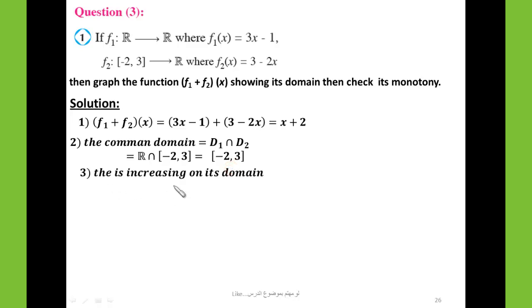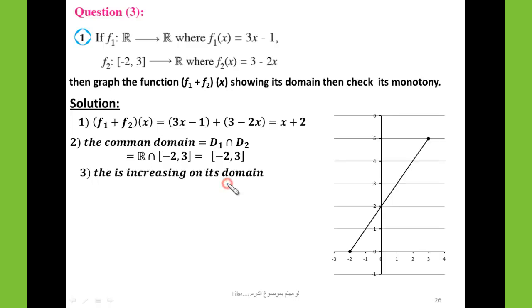The function is increasing on its domain. We deduce it from the figure. As x increases, y increases. So the function is increasing on its domain.